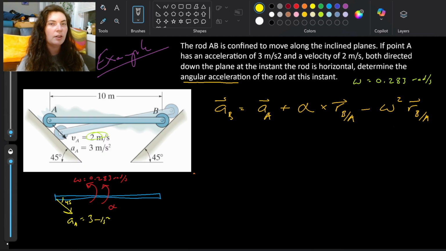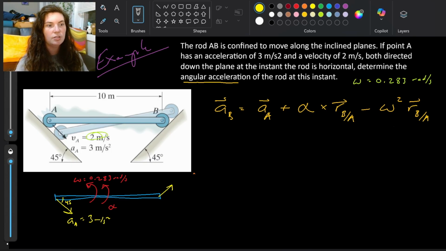And then the acceleration at B is actually going to go in the exact same direction as our velocity as well, because AB is moving on these straight line paths. There's no curvilinear motion, there's nothing normal to the path. It's not moving through a curve. It's just accelerating up on this straight line path on that plane.